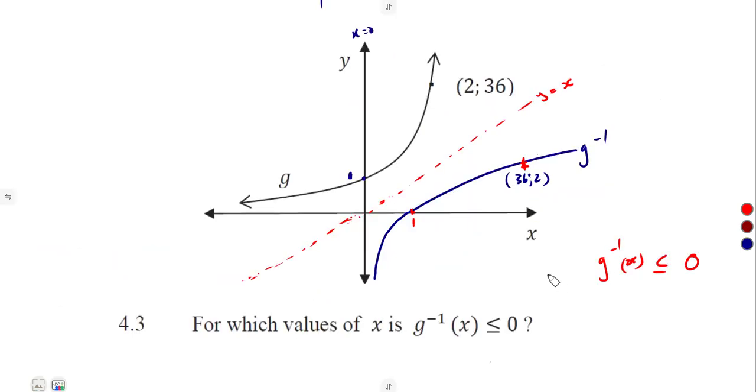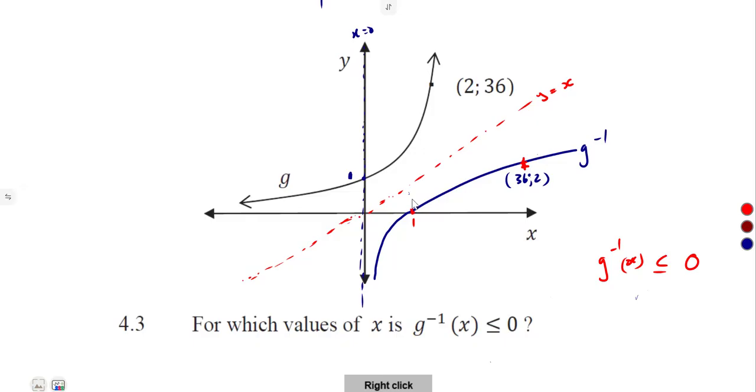So we are limited on the y-axis, meaning this graph of the inverse cannot reach the y-axis, cannot reach x is equal to 0. So that becomes a critical value to be considered. The x-intercept is also a critical value. So we're going to have the critical value at 1 for the x value.